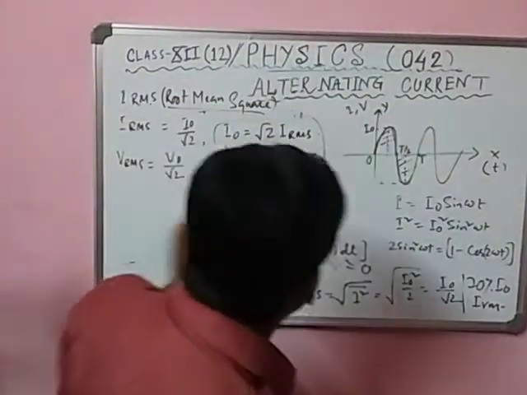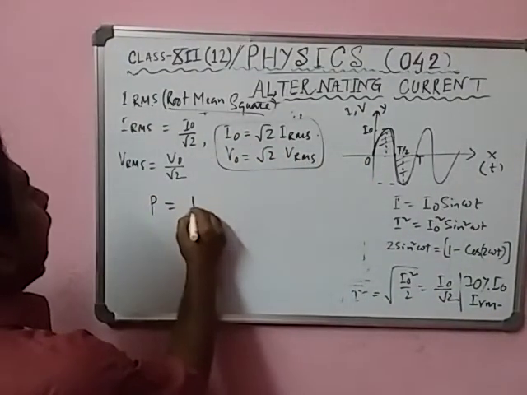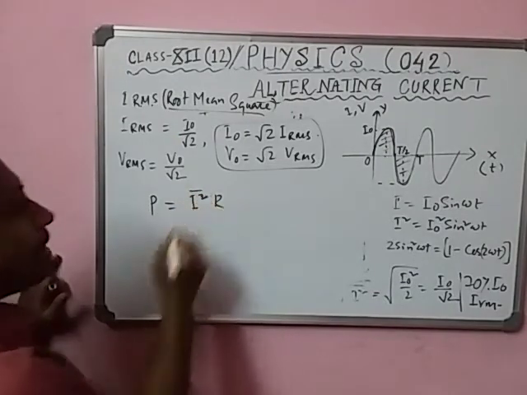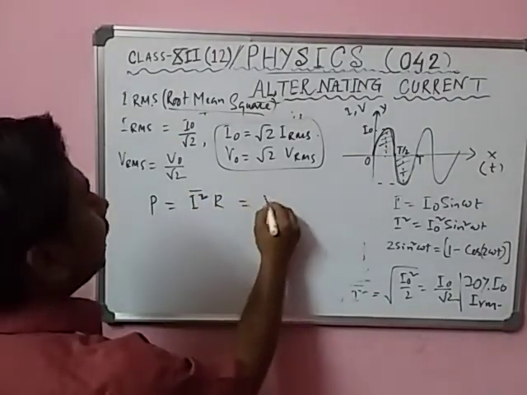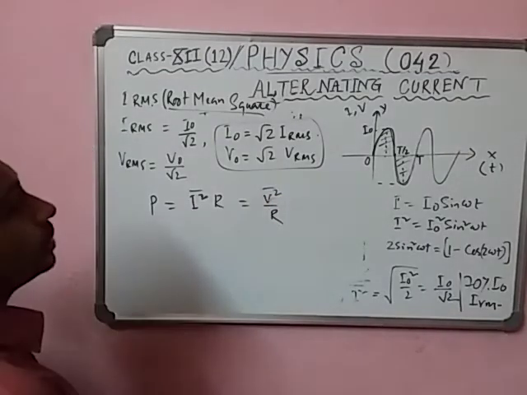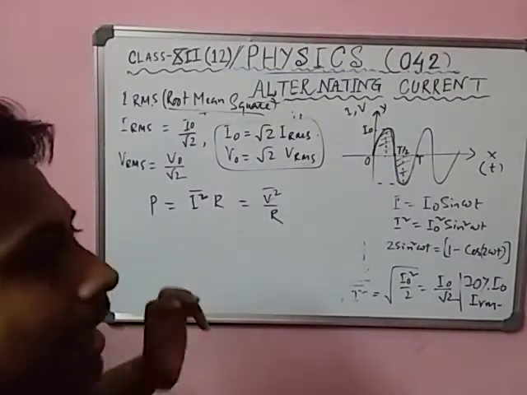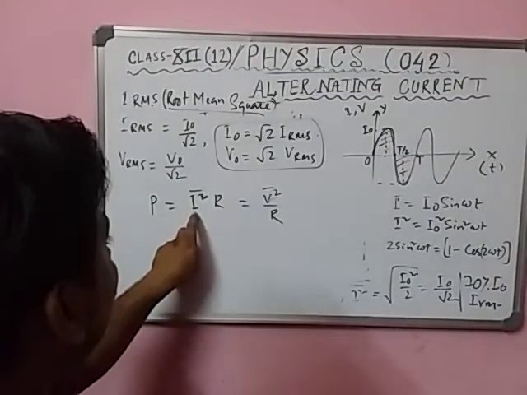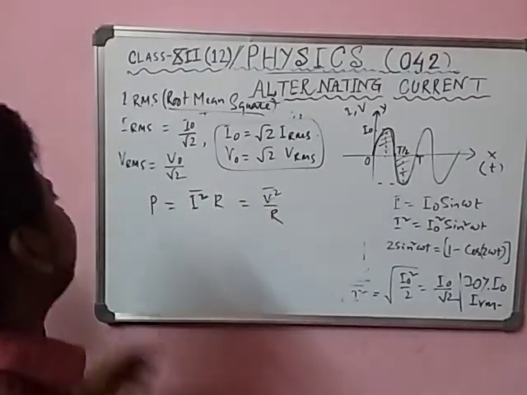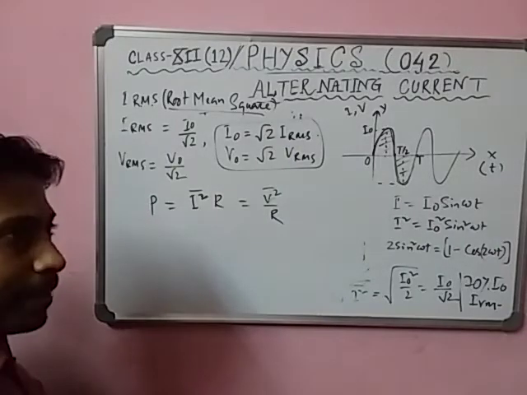What is the power consumption in current and voltage? Power consumption P means I square R, where we use the square mean, or we can write V square by R. Here also the voltage square mean. So students, listen: in power consumption, the value from the ammeter or voltmeter is the RMS value, not the peak value.